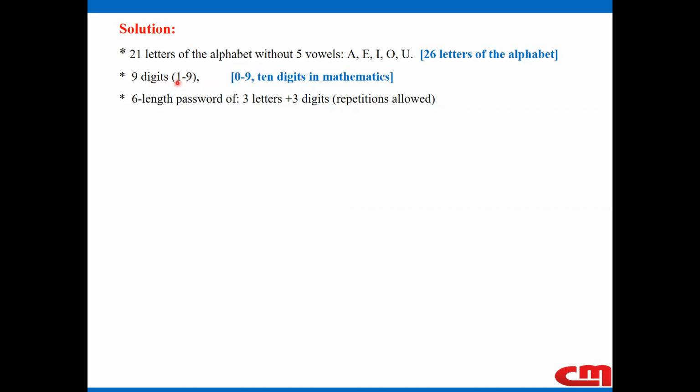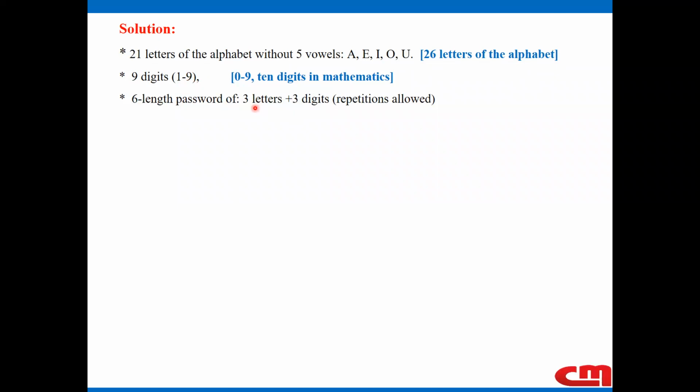Then we are starting from 1 to 9. Therefore, to know how many digits are there from 1 to 9, we use the counting without counting concept: you say 9 minus 1, you get 8, plus 1, you get 9. So we have 9 digits between 1 and 9 inclusive.